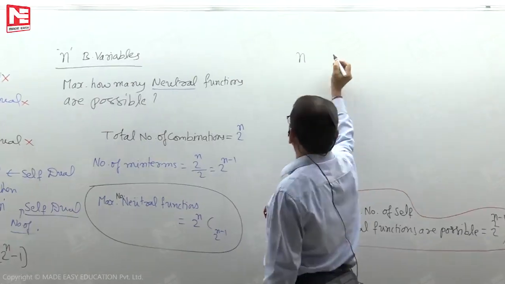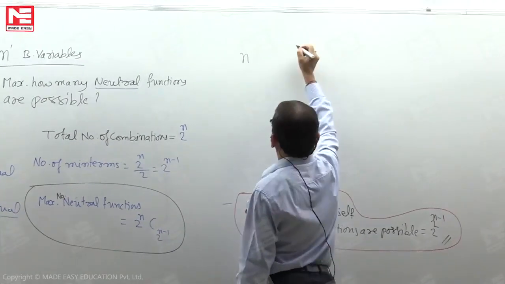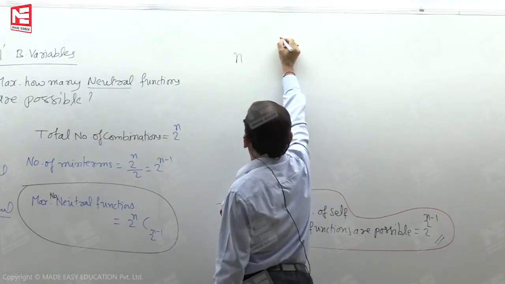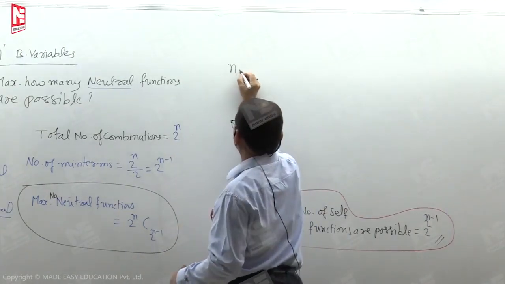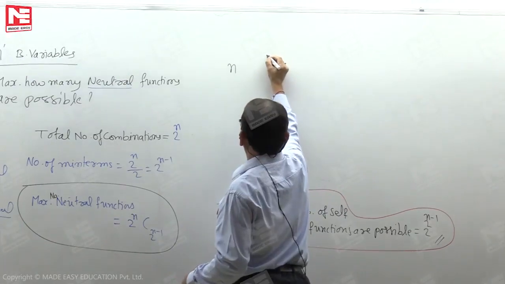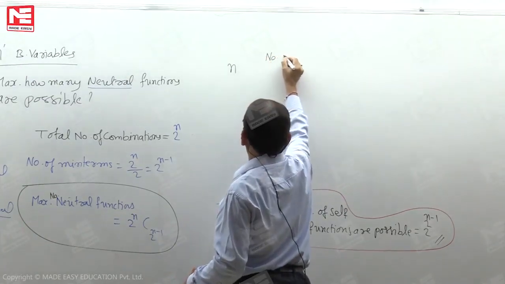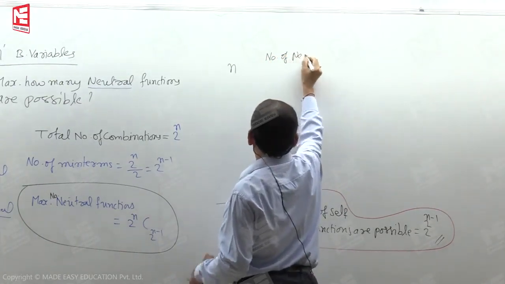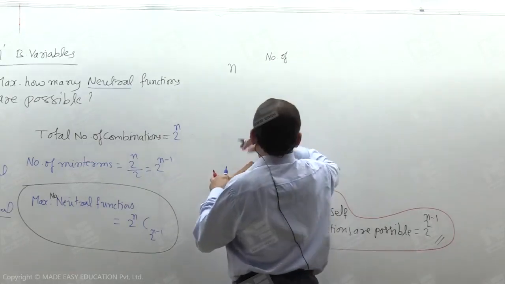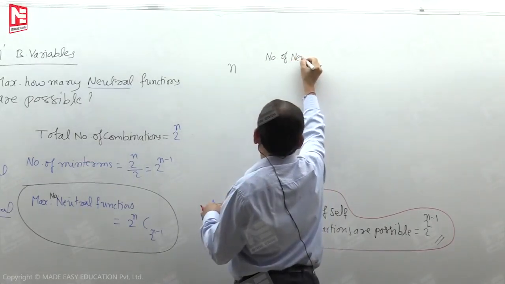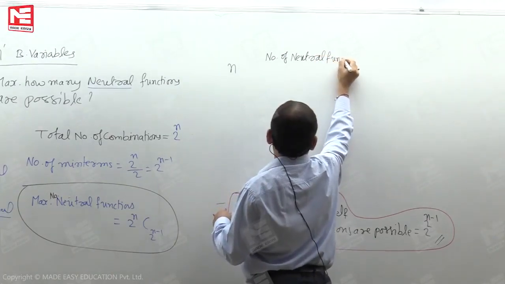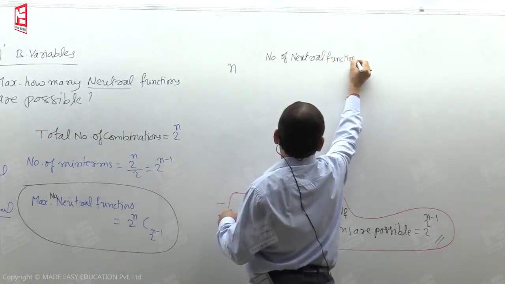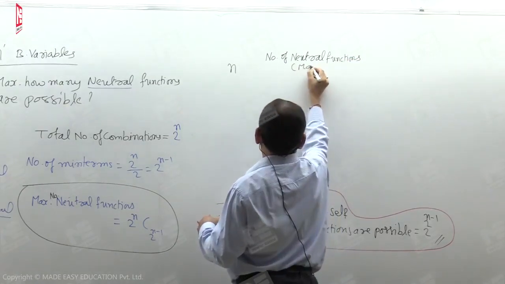On n Boolean variables, we are talking about the number of neutral functions, the maximum number of neutral functions. Of course, maximum.